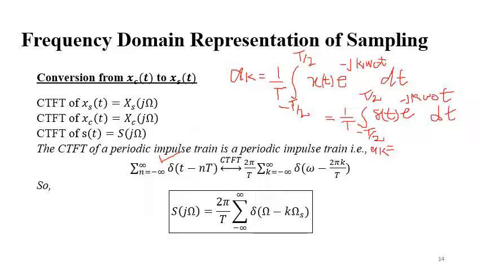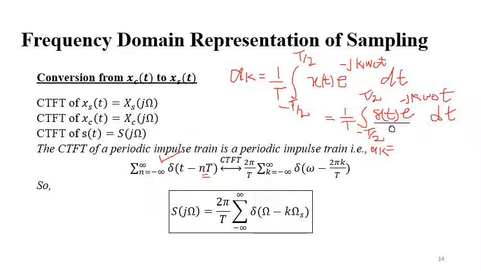That's the generalized formula for finding the Fourier series coefficient. Because we take the period from minus T by 2 up to T by 2, we have the impulse of t e to the power minus j k omega naught t dt, and this signal is equal to 0 for all values of t except when t equals 0.